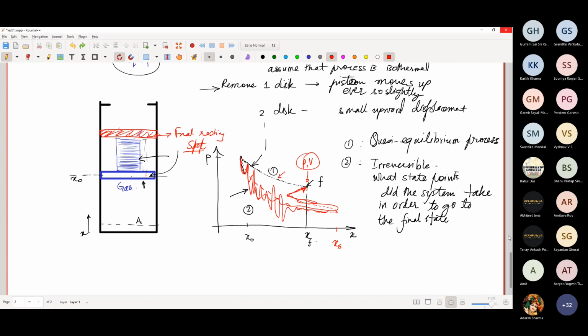In thermodynamics, reversibility has a very different connotation from what we regularly use in our practice. So quasi-equilibrium is more of referring to the mechanical equilibrium between the external surrounding and the actual boundary process that is going on in this particular case, of course.